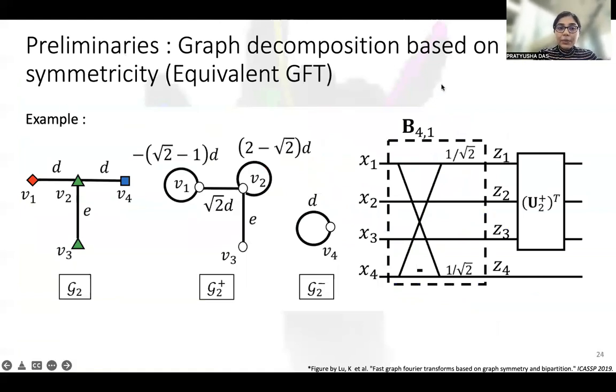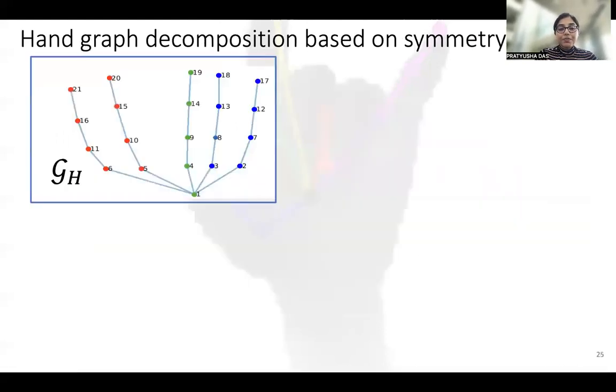Now I'll give you a little preliminaries on graph decomposition based on symmetry. So this is an example graph where you can see this graph is symmetric around these green nodes, and we can decompose it, exploiting this symmetry, into the smaller subgraphs. This is the symmetric part. This basically captures the symmetric part of the data, and this G2 minus basically captures the anti-symmetric part of the data.